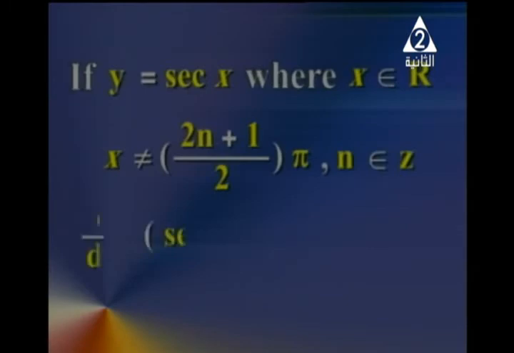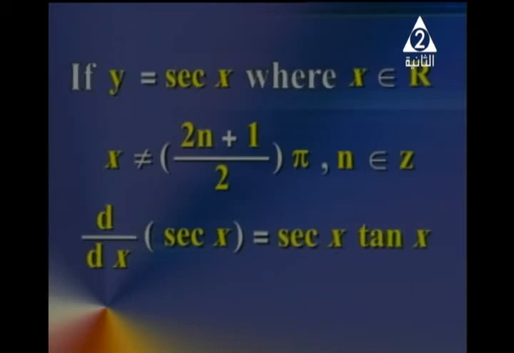The differentiation of sec equals sec tan. Why? Because sec is 1 over what? Yes, 1 over cosine. The differentiation of sec x equals sec x tan x.